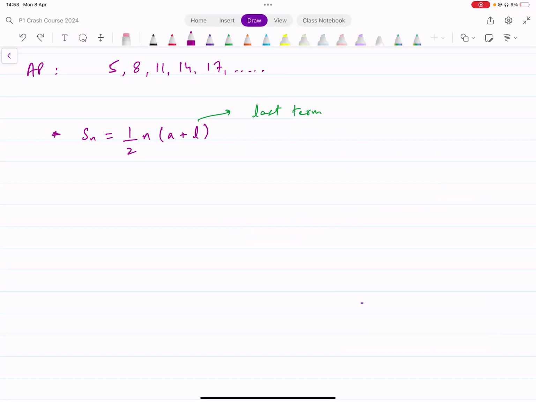Sir, can't we say it's L plus 3? Like 3 terms are added for L. L plus 3, I don't understand what you mean by that. Sir, 3 terms are added in the sequence, so can't we replace L with L plus 3?